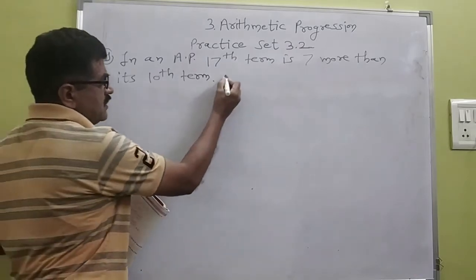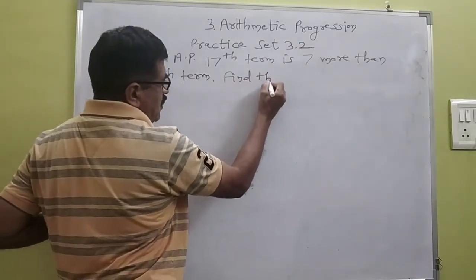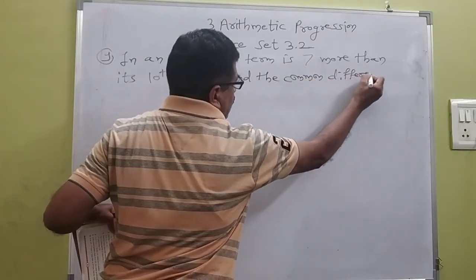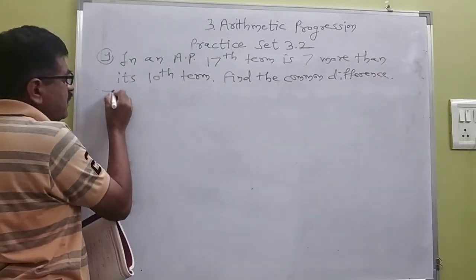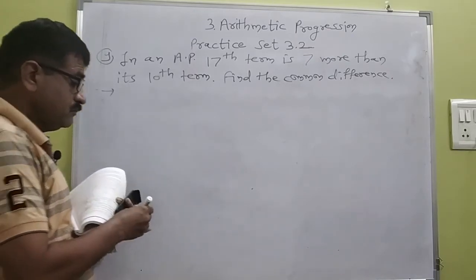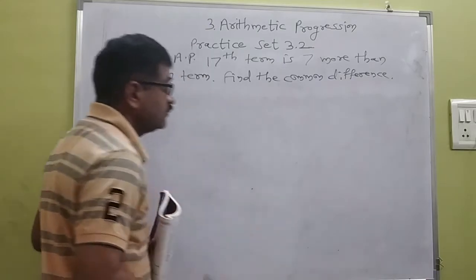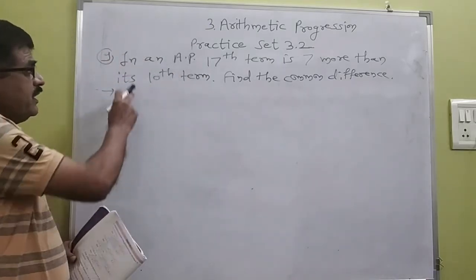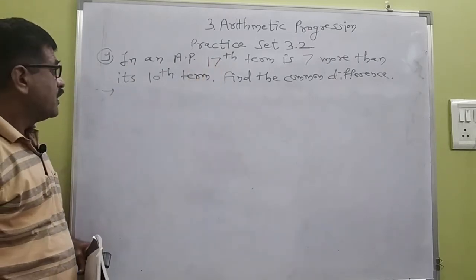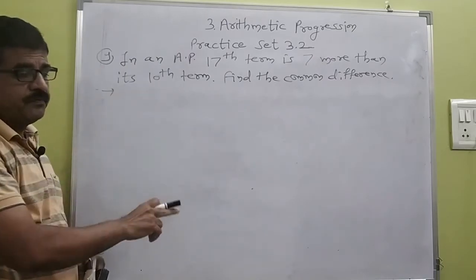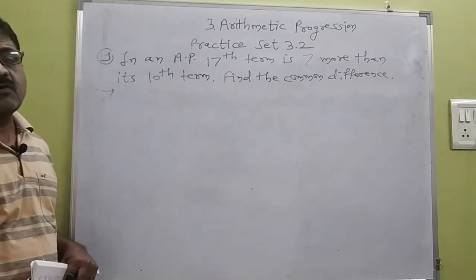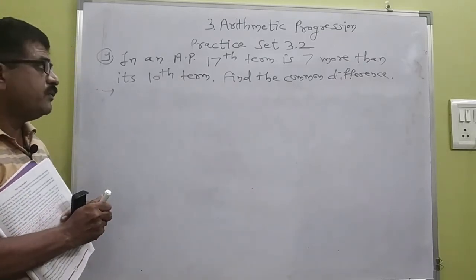Find the common difference. Now here in an AP we are given that the 17th term is 7 more than its 10th term. This is the given condition, and by using this we have to find the common difference, that is the value of D.